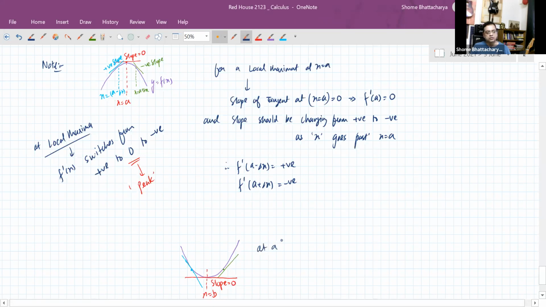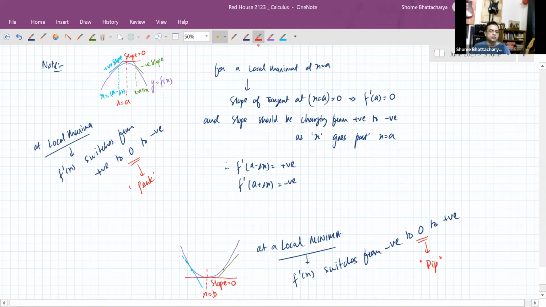So at a local minima, f prime x switches from negative to 0 to positive, and where it has become 0, that is the dip point, the point where the function has the local minima. By f prime x, we also mean the slope of the tangent. So this is how, in terms of the derivative, we can recognize where we have a local maxima and where we have a local minima.